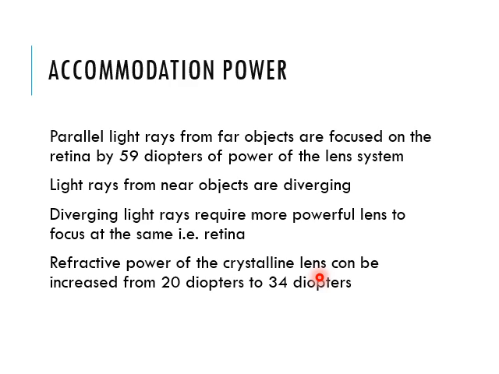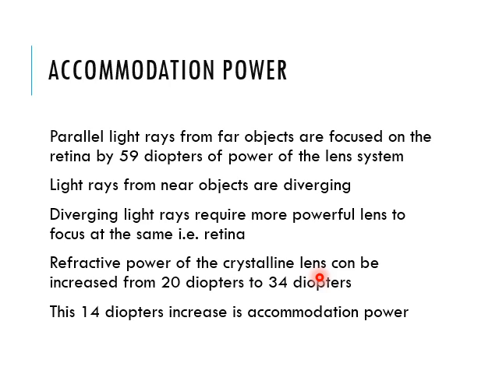But as you age and your lens becomes worn out, all the protein is being used up, it becomes cloggy and it becomes opaque, so your lens loses its accommodation power. But as you are young, a child may have a greater diopteric accommodation power as compared to a young adult, and a young adult has a greater accommodation power as compared to an old individual. So 14 diopteric increase you can have in your lens.